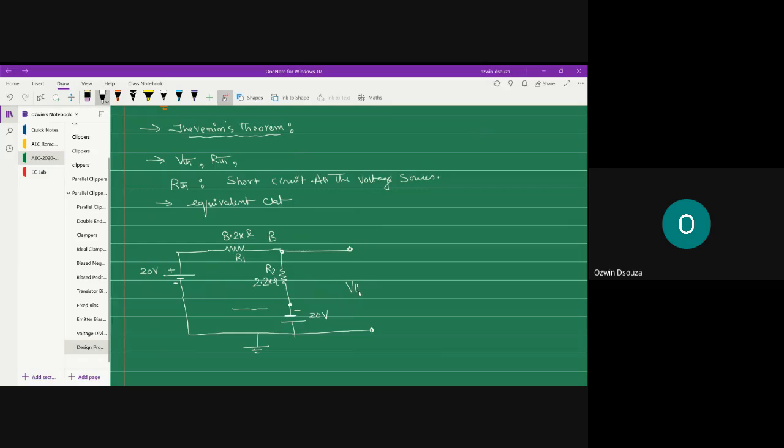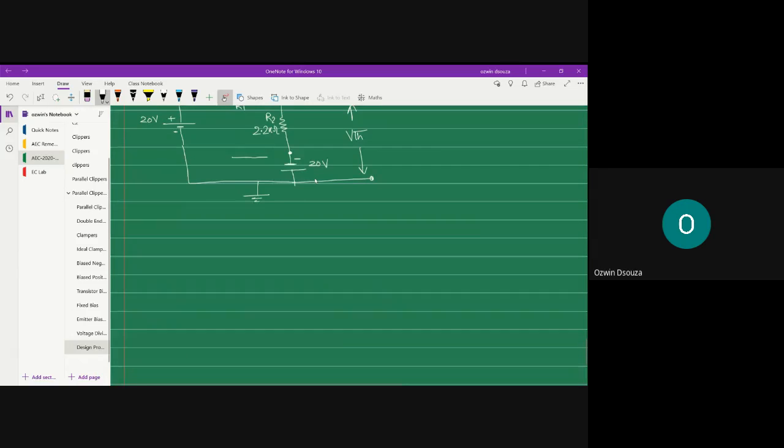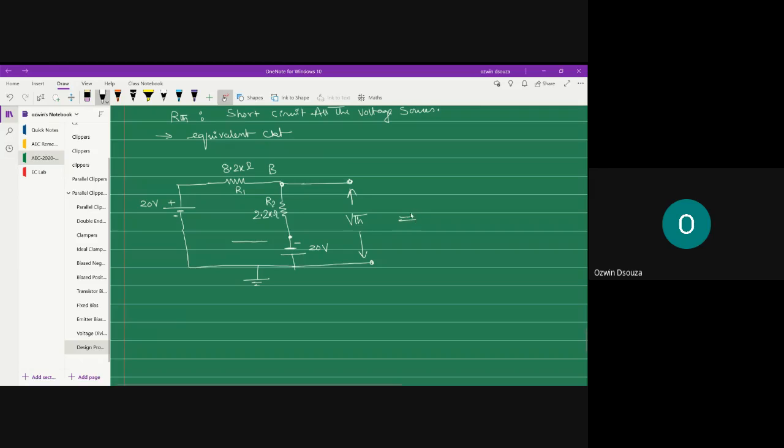Now the voltage measured across the open circuited terminals is going to be your VTH. On the other hand, RTH is found by short circuiting the voltage sources. So to find RTH, we will short circuit the voltage sources.